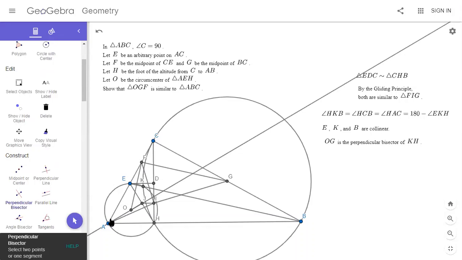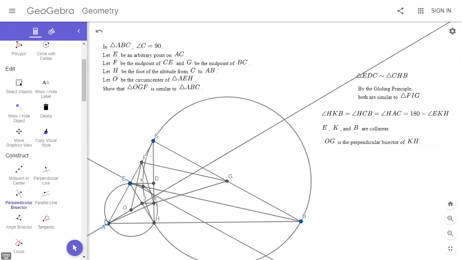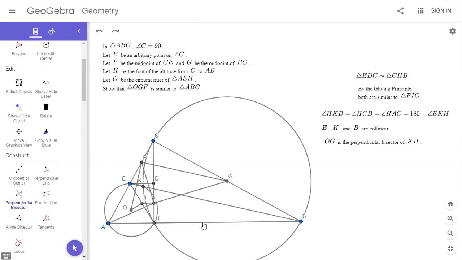I think so. You're saying it'll always pass through the circumcenter of ABC. Well, ABC is a right triangle, right? So the circumcenter is going to be the midpoint of AB, right? No, no, that is completely different. It doesn't have to be a right-angle triangle. The fact is that A is a common vertex of both of the triangles.